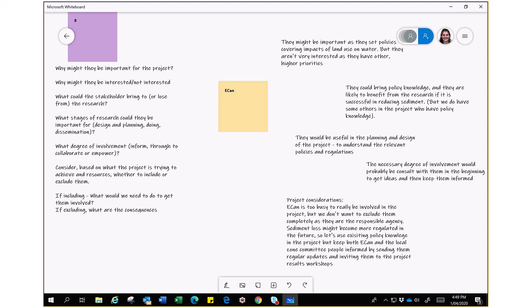So project considerations: ECAN's pretty much too busy to be involved in the project, but we don't want to exclude them completely as they're the responsible agency. Sediment loss in the future might become more regulated, so let's use existing policy knowledge in the project, but keep both ECAN and the local zone committee people informed by sending them regular updates and inviting them to project results workshops.